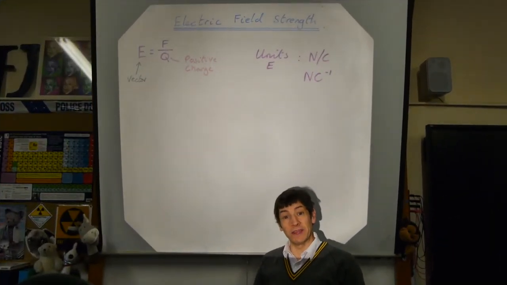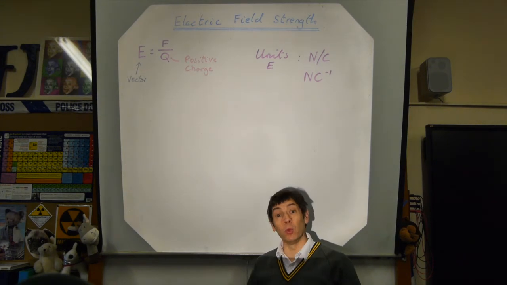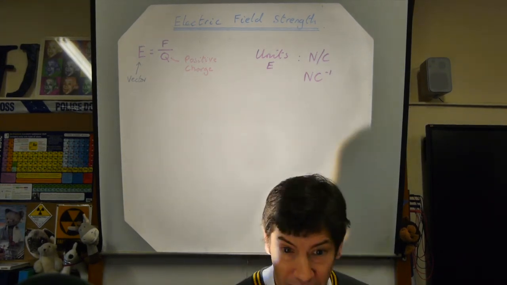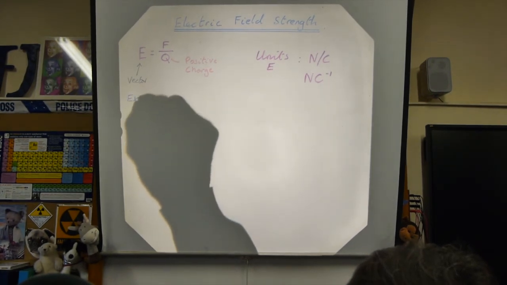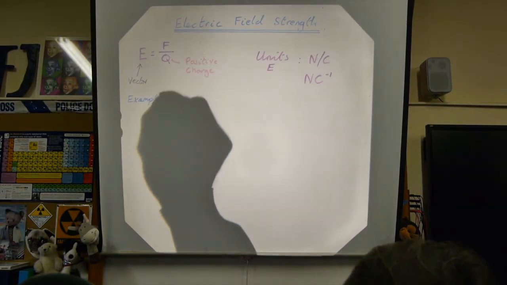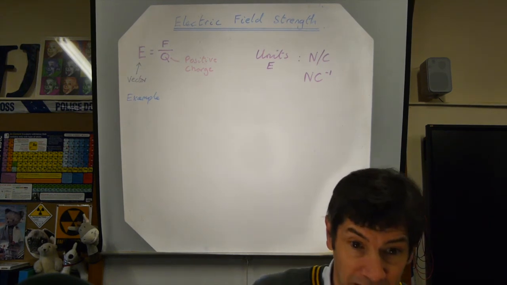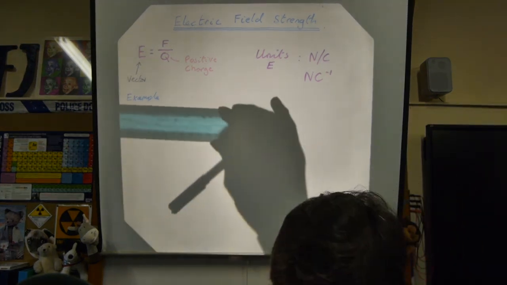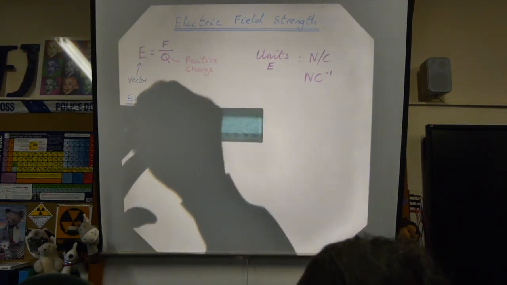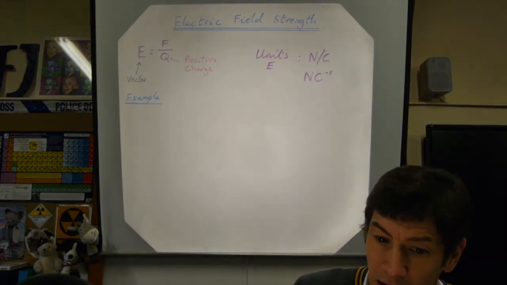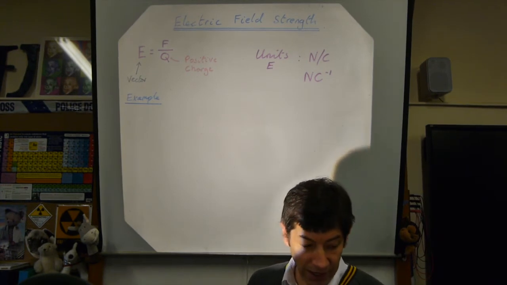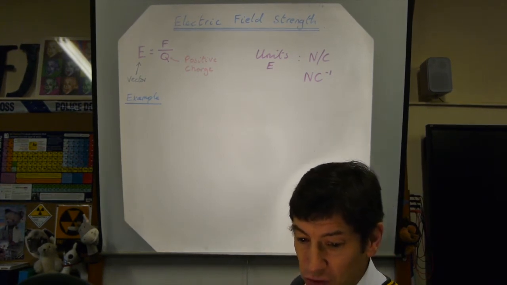So let's now do a quick example, and I think this will bring all the ideas we've done so far together. It'll take me a while to put this one together, but I'd like to write it down in front of you. We want to calculate an electric field strength.